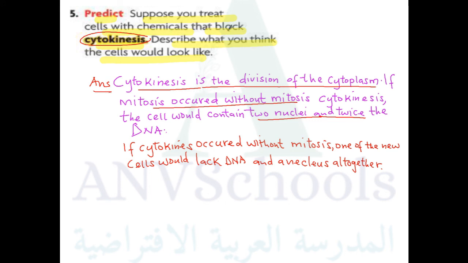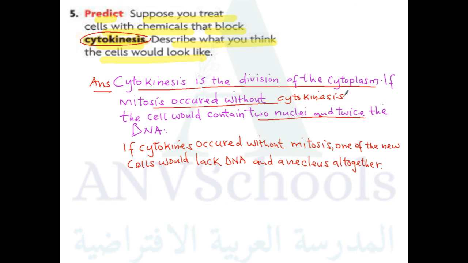Suppose you treat a cell with chemicals that block cytokinesis. So what will happen is that if mitosis occurs without cytokinesis, then the cell would contain two nuclei and twice the DNA.